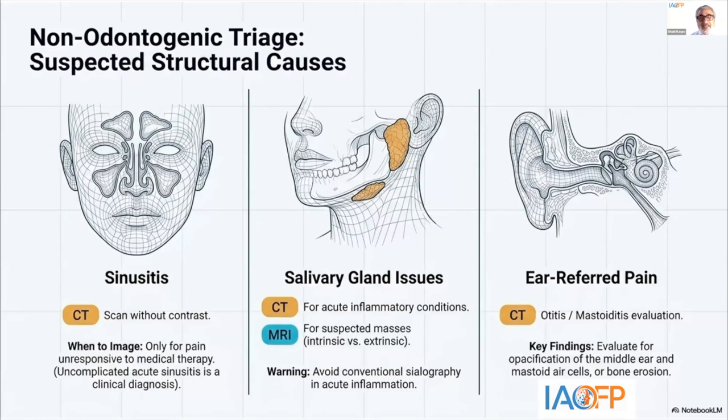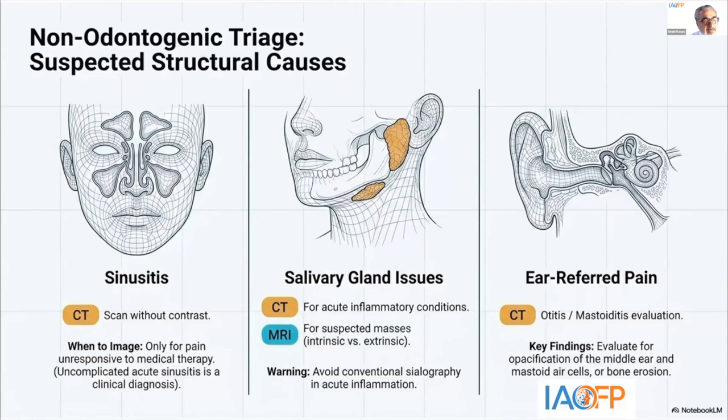Like for sinus symptoms, CT scan without contrast is preferred, but only in persistent or refractory cases. Most sinusitis is diagnosed clinically by ear, nose, and throat or otolaryngologist.